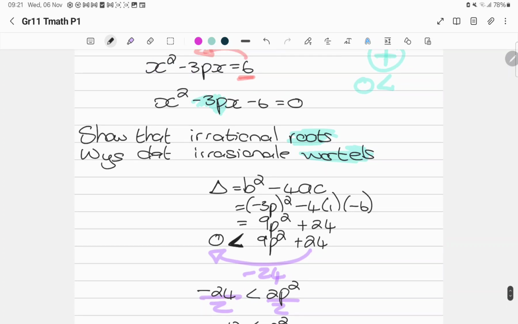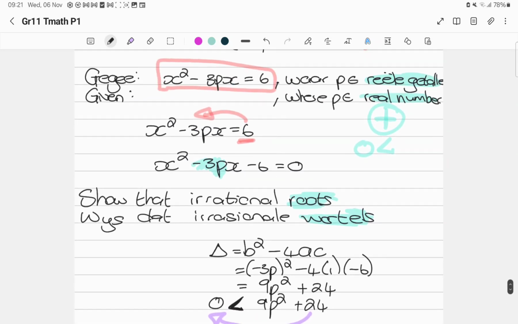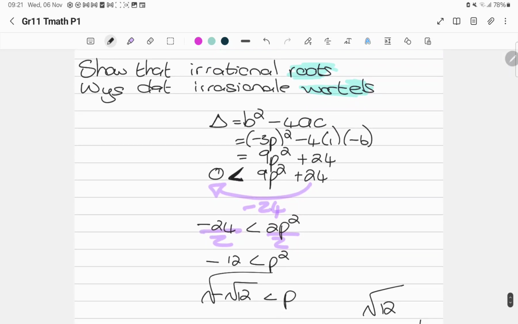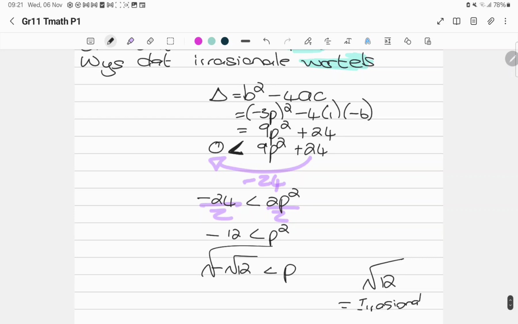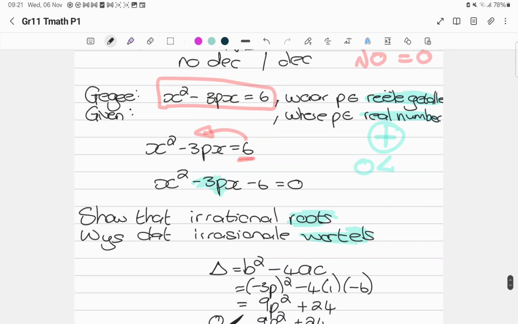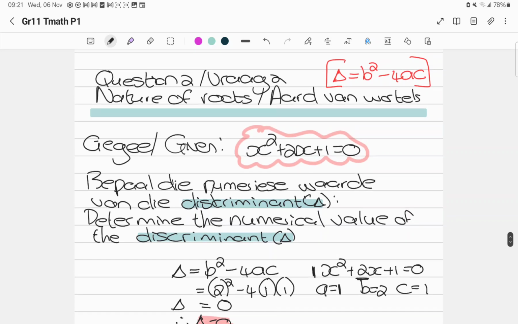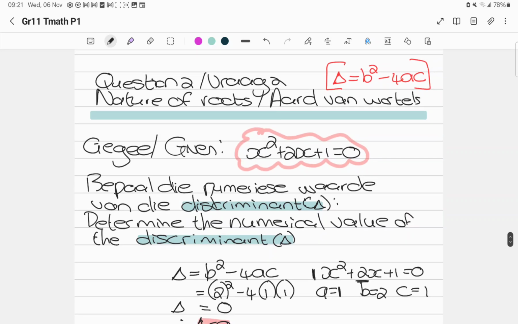Then you put it into your discriminant formula, and you go back to what they originally said. Because they said it's a real number, I know it has to be greater than 0. And then I just go on and calculate it. So the nature of roots really isn't difficult. The main thing you just need to do the entire time is calculate your discriminant.